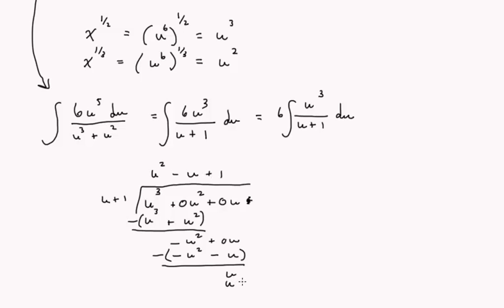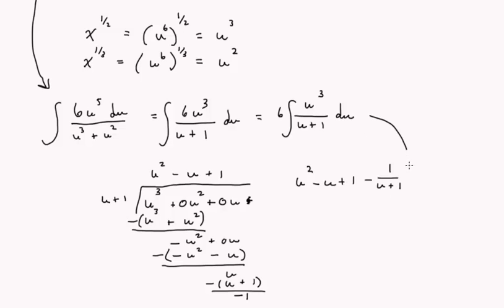So we have u plus 1, from which I subtract. That's going to give me a negative 1. That's the remainder. So when I take this division, I get u squared minus u plus 1 with a remainder of negative 1, which goes over the divisor like that. So this is a little bit messy.